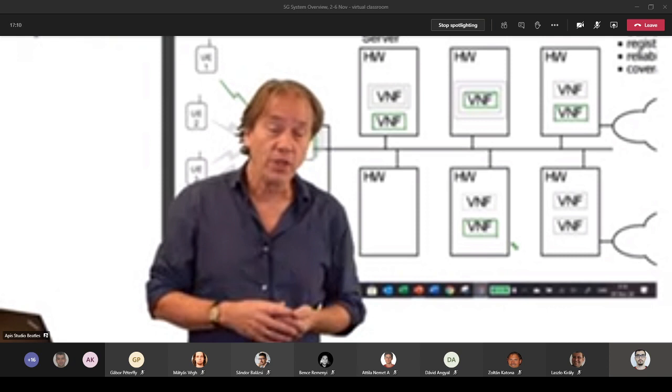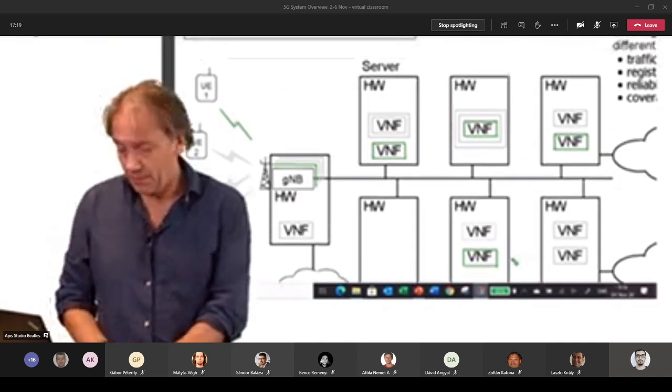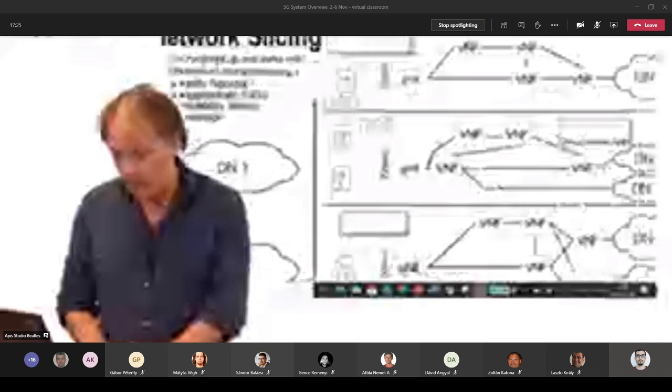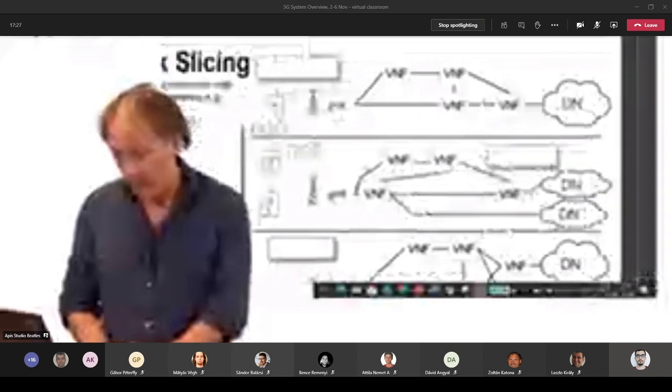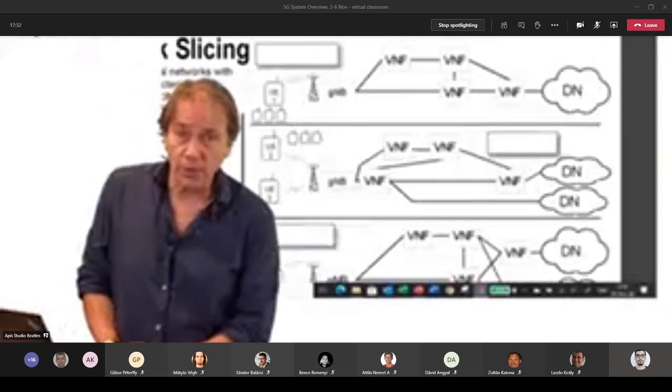But we have simplified things a little bit. Great. So, from the more logical perspective, we have now created a green network slice.